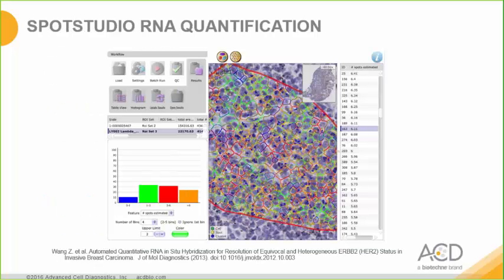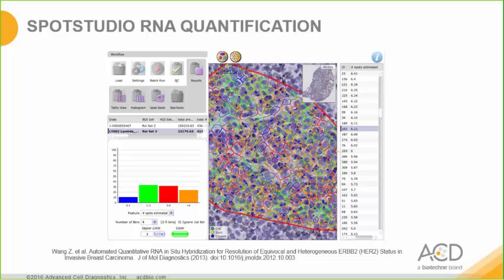This is an example of SPOTSTUDIO image analysis for HER2 in breast carcinoma via RNAscope. A region of interest has been manually drawn, demarcated by this thick red line. The software picks up cell nuclei based on hematoxylin staining and then identifies cell boundaries through approximation of average distances between the cell nuclei.